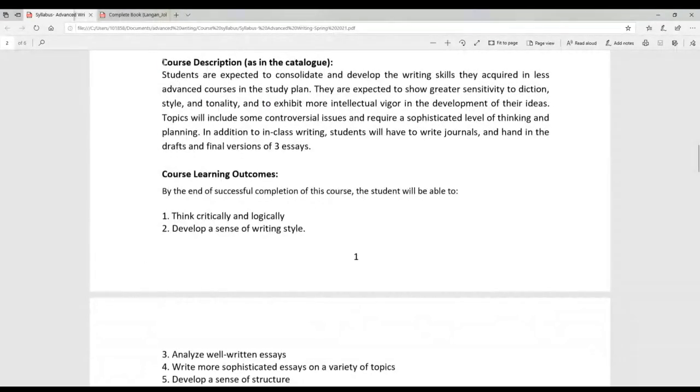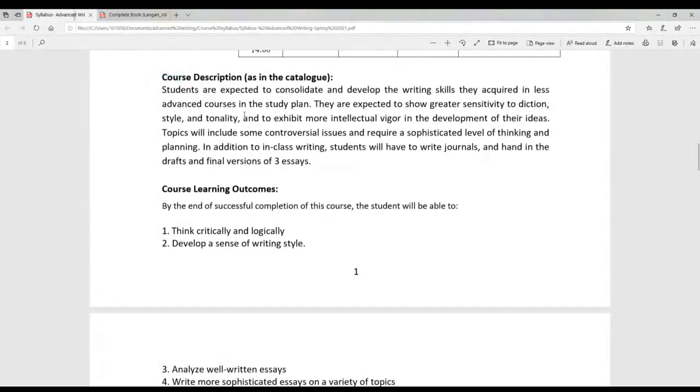I'm going to read the course description, because every course should have a description, which is the aim of the course. What are the ideas, the outcomes, or the goals of this course?